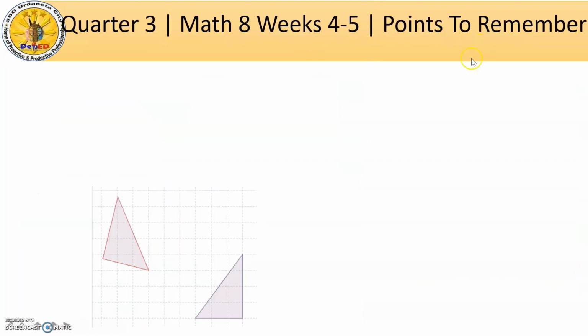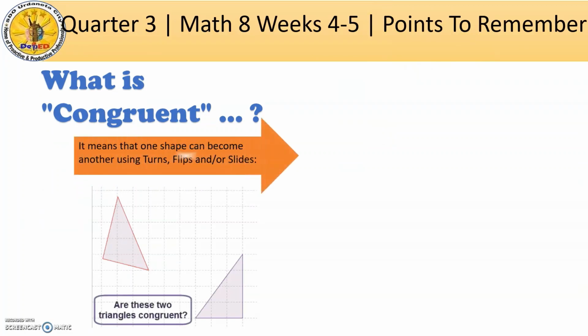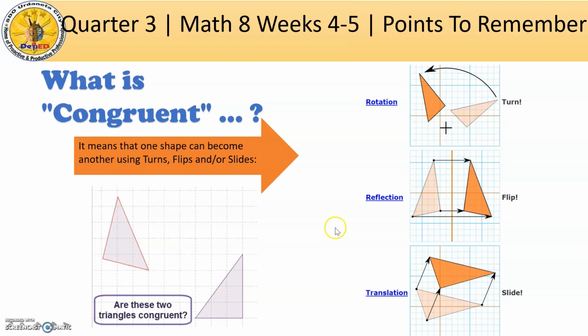What do we mean by the word congruent? It means that one shape can become another using turns, flips, or slides.